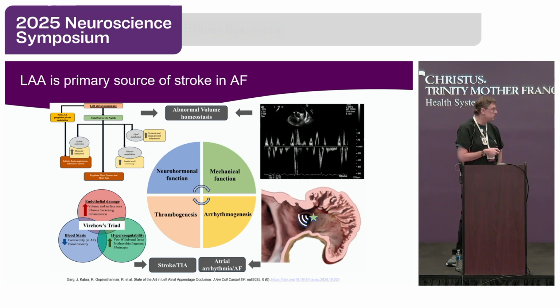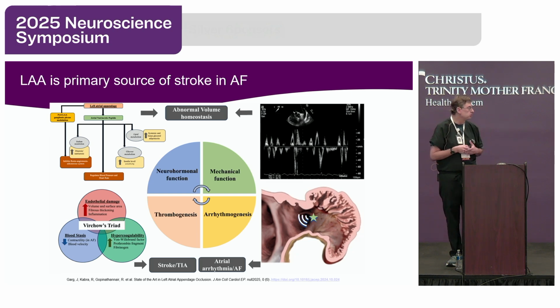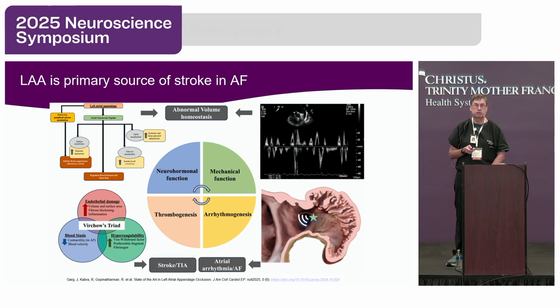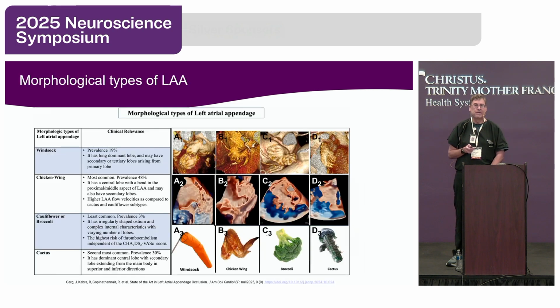They'll start off very small, and then they grow large enough to be able to break off and cause damage, whether they go to the leg or the brain or wherever, but certainly this is the source of most strokes. So this is kind of just an FYI slide there.